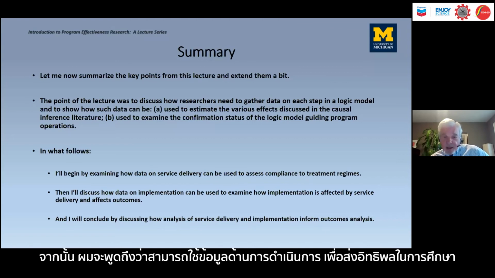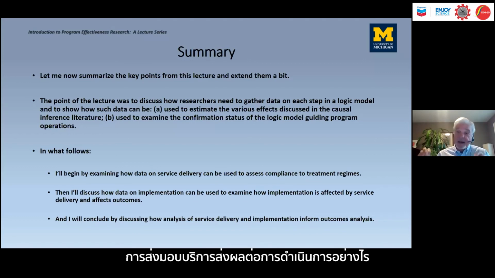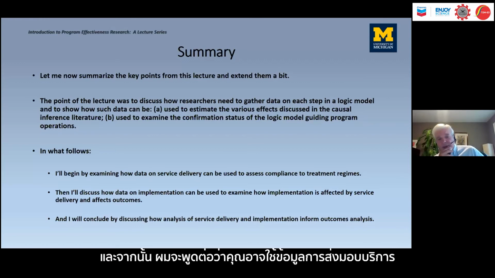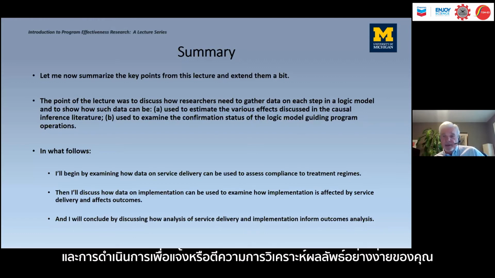Then I'm going to talk about how data on implementation can be used to study how service delivery affects implementation, and how implementation affects outcomes, and how that data could or could not be used in a mediation analysis. And then I'm going to continue to discuss how you might use service delivery and implementation data to inform or interpret your simple outcomes analysis.